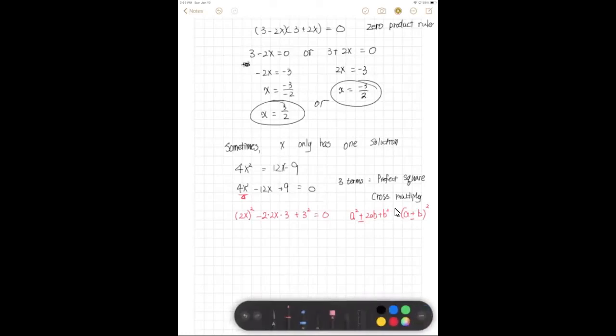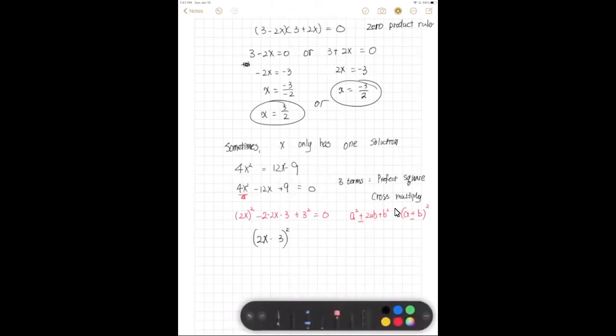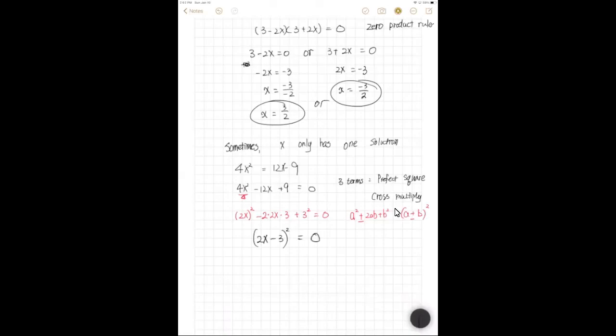So that we find our a and b, which gives (2x minus 3) squared equals 0. If you're not familiar with the perfect square, use cross multiply, you will get the same answer.